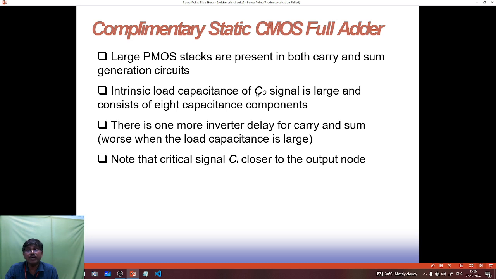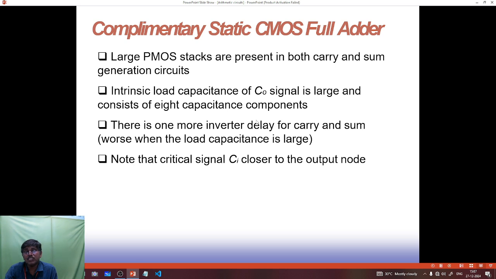The intrinsic load capacitance at the Cout signal is large and consists of 8 capacitance components. We already studied that. Parasitic capacitances are large in a CMOS circuit, since PMOS as well as NMOS both create a lot of parasitic capacitance and diffusion capacitance. It is a main factor for large power dissipation. There is one more inverter delay for carry and sum: when getting the sum, it is converted through an inverter circuit, and that inverter creates a delay.